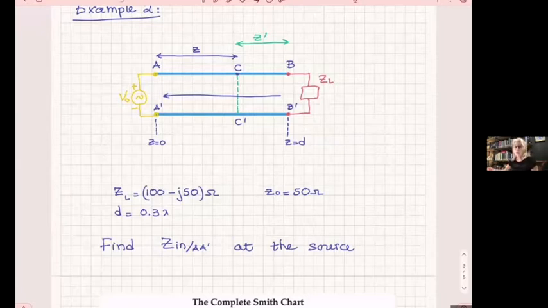When we say we transfer an impedance, what we really mean is that from an input impedance, from the load rather, which is also the input impedance at BB prime, we go towards the source, and I am at AA prime.